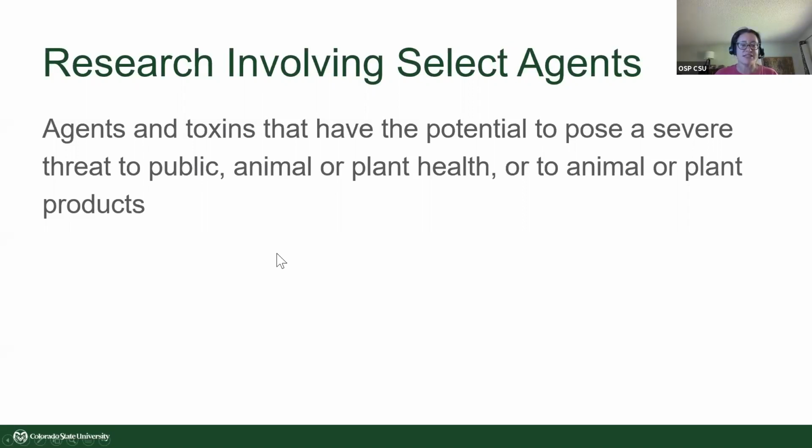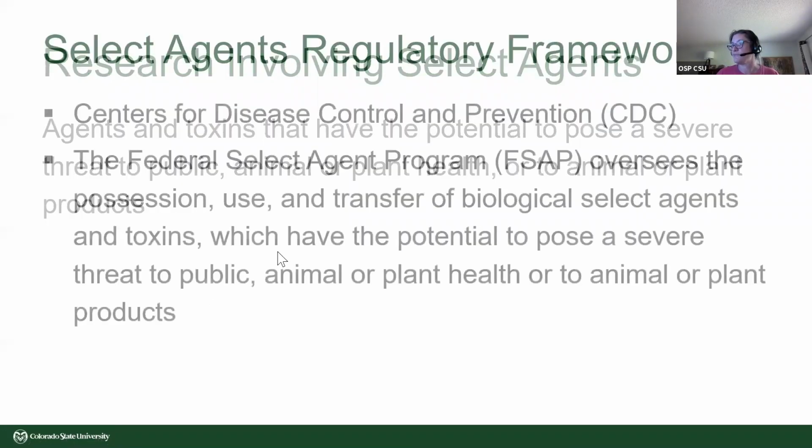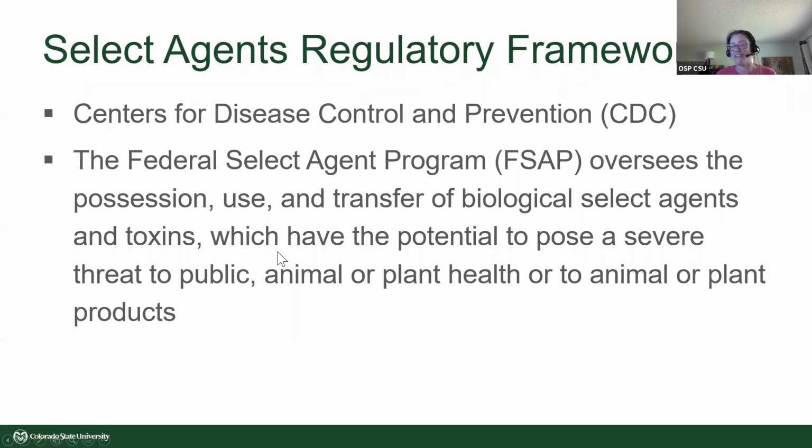The nice thing is that hopefully your investigator can't obtain these agents unless they have that proper review, that they cannot even order them into your institution unless their protocols have been approved. You notice how I say hopefully? Hopefully. And then this is just some of the regulatory framework under those different agents.